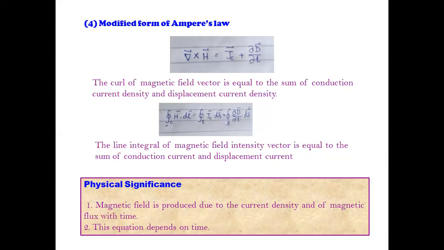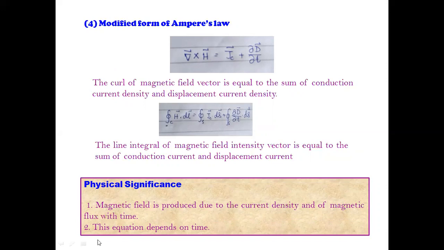Fourthly, the modified form of Ampere's law, which states that the curl of the magnetic field vector is equal to the sum of conduction current density and displacement current density. This is the differential form. Whereas the integral form states that the line integral of the magnetic field intensity vector is equal to the sum of conduction current and the displacement current.